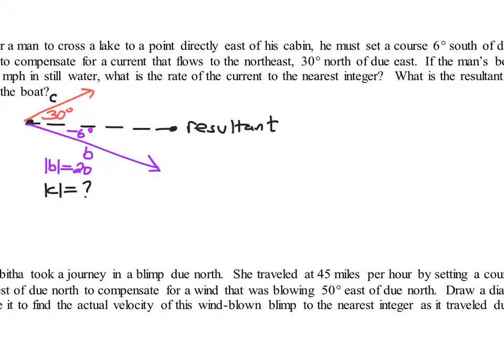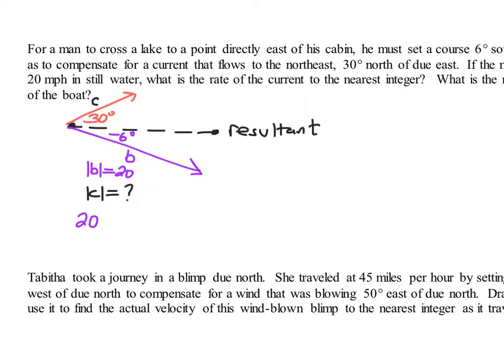First thing we could figure out is that we have 20, if we're dealing with a boat, and we want to just kind of cut to the chase a little bit. For the boat, it's 20 multiplied by the direction vector, which is negative 6 degrees. So cosine of negative 6 degrees, comma, the sine of negative 6 degrees.